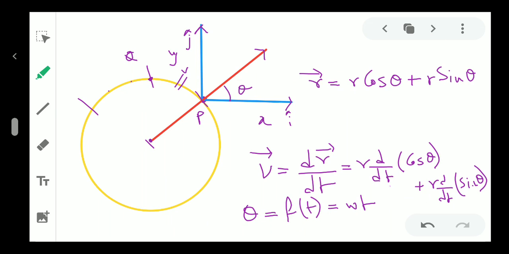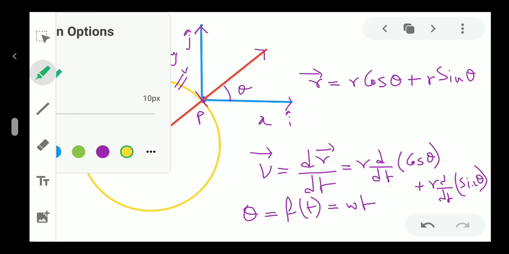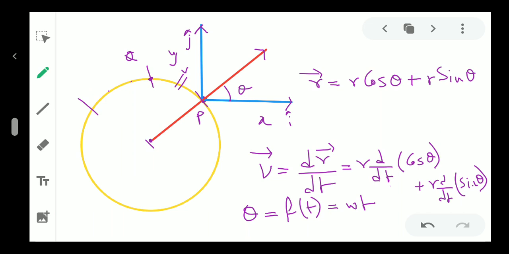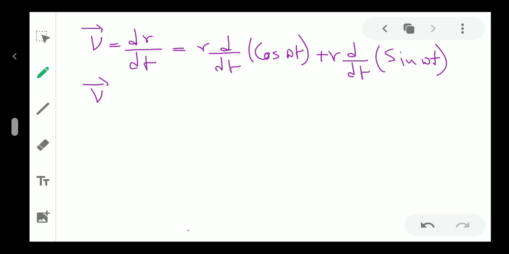So here we will write the i cap and j cap, because this is not only the value but also the direction.